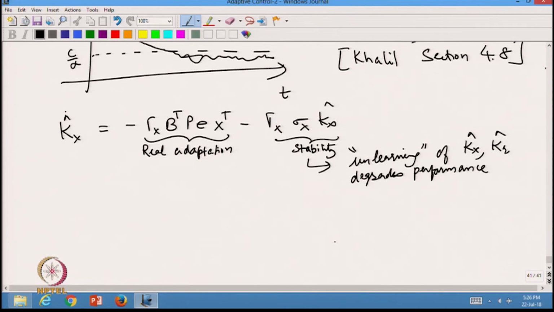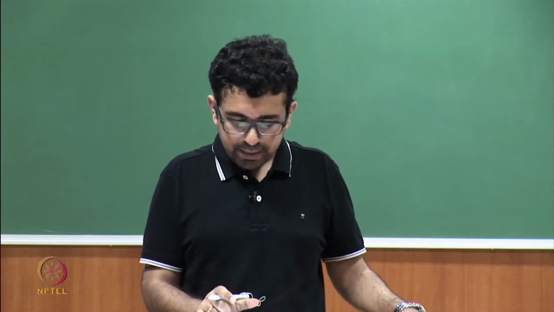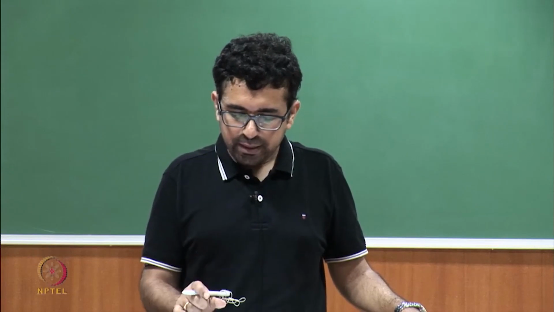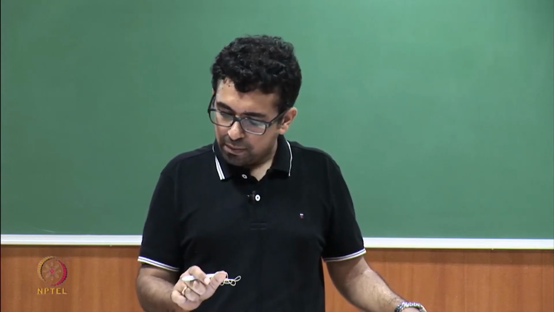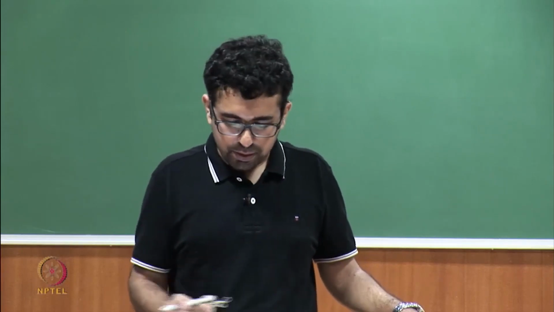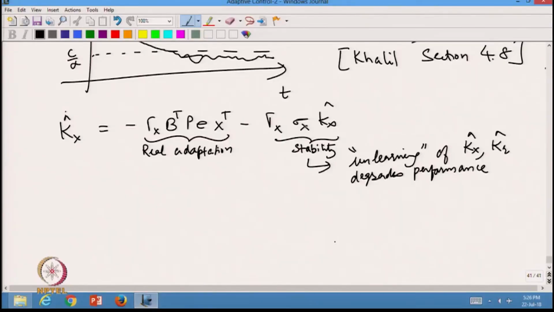Okay. So, as much as possible we would like this adaptation term to dominate, because that is the real learning term, and this damping term should only keep the parameters from drifting away in the presence of disturbances. So, this is what we want. If the sigma x, which is the gain of the sigma mod term, is very high, then that could lead to the unlearning phenomena, or in the case where the tracking error becomes very small.